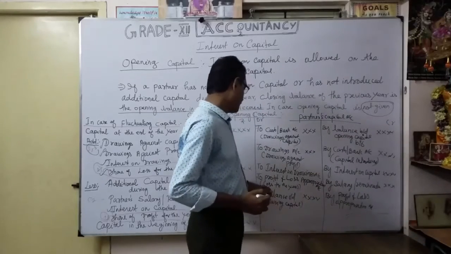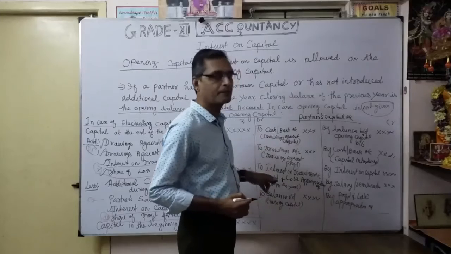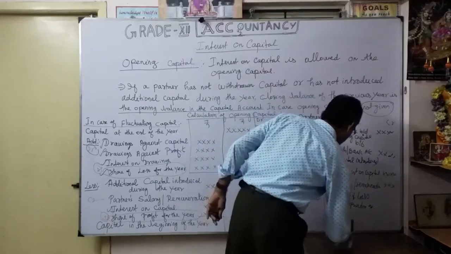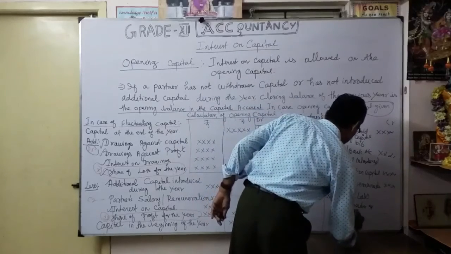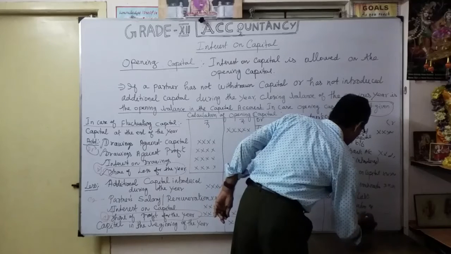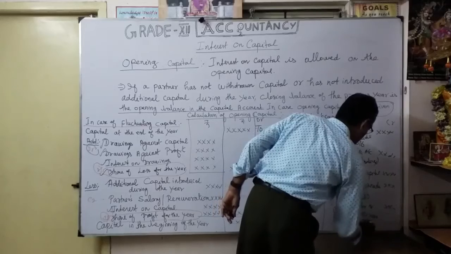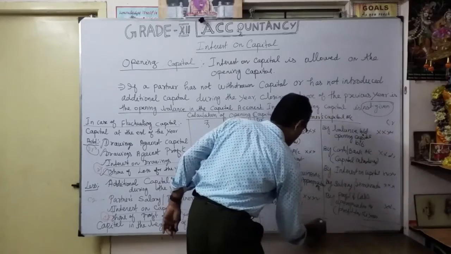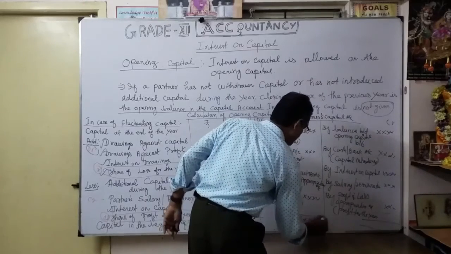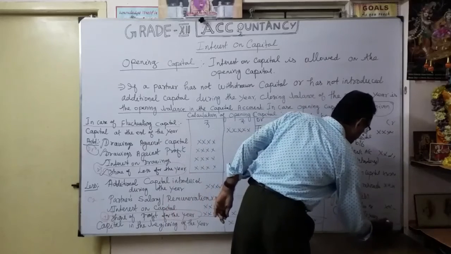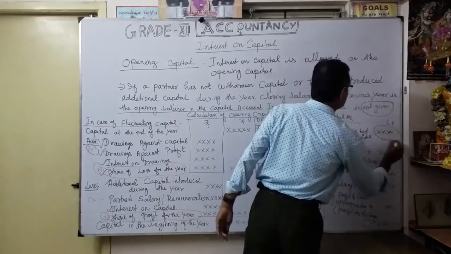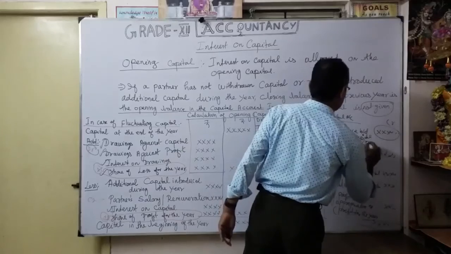Here, suppose you want to show loss for the year on the debit side. So profit for the year, you want to show on the credit side. Okay. So now, let's see. Whatever the total here, your answer is your opening capital in the balance sheet. Okay.